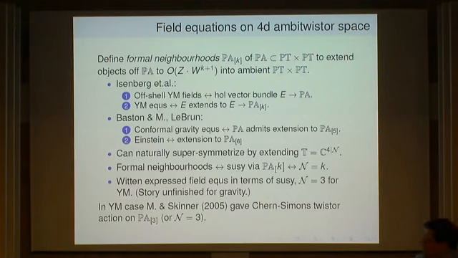Without going into formalities, I can just say that you can use these constructions to write down ambitwistor actions for Yang-Mills theory on ambitwistor space. You can do it either for the formal neighborhood case or for the supersymmetric case.